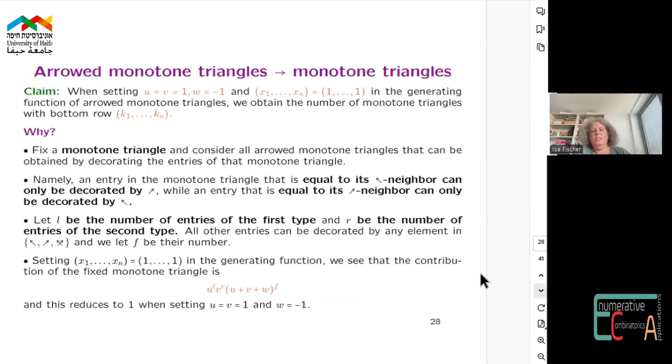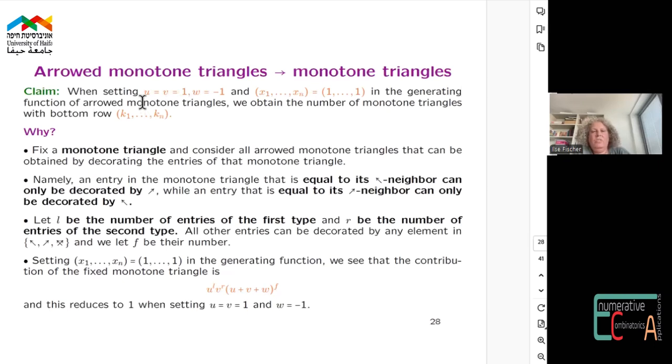And even more is the following. With this slide, I want to convince you that as soon as you know the generating function of arrowed monotone triangles, you can compute the number of monotone triangles in a very easy way.